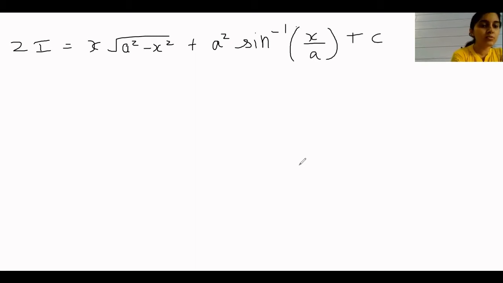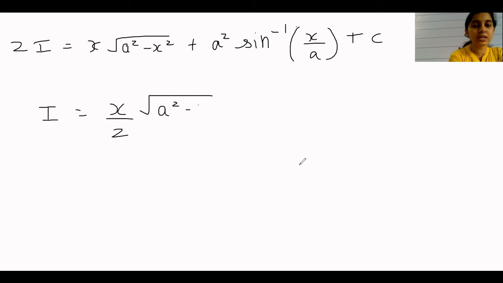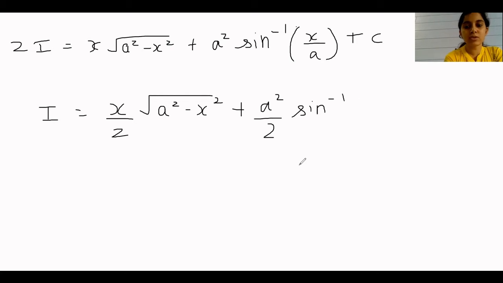Now what is remaining? We'll take I here and we'll take 2 down. So x upon 2 root of a square minus x square plus a square upon 2 sine inverse x upon a plus c. This is what exactly we had to prove.